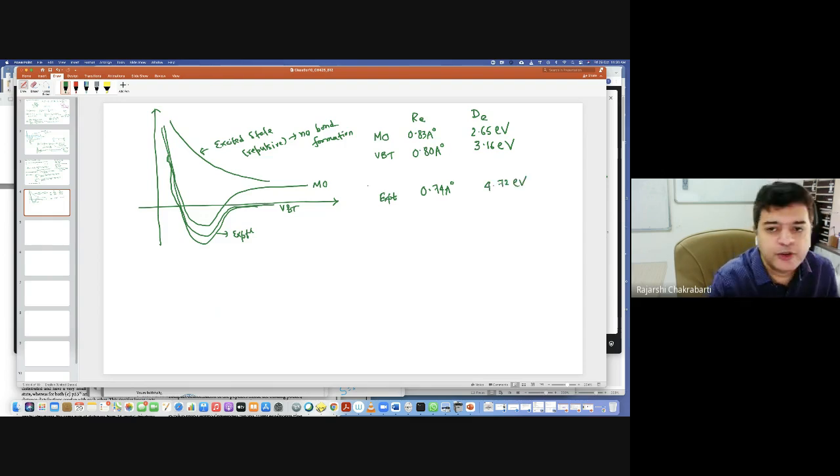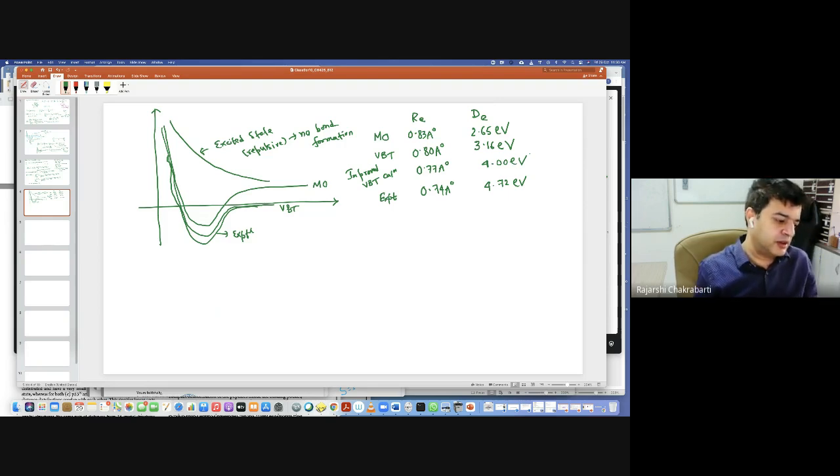And actually you can do an improved VBT calculation. If you do, it gives you 0.77 angstrom and gives you 4 electron volts. Now, what is this improved?